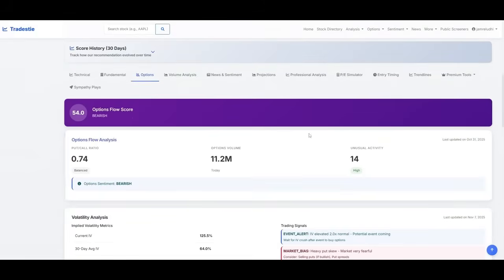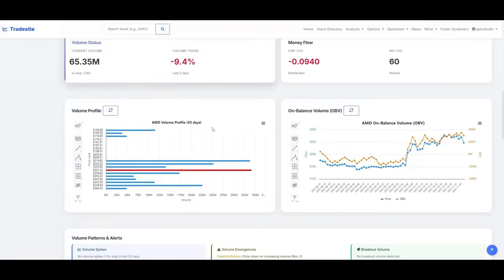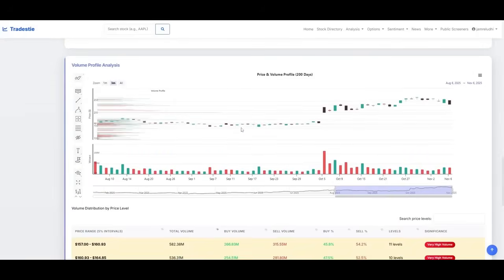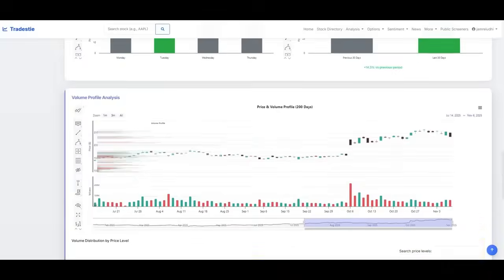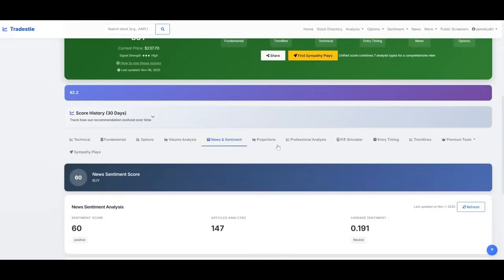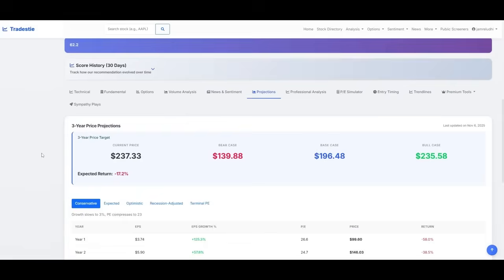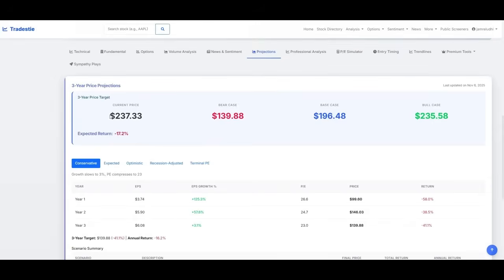So let's move on to volume analysis. You can see the volume analysis for the last few days has been shown here. News and sentiment is positive for AMD. Projections: you can click on it and see what the projections are for AMD, and the current price is this one.